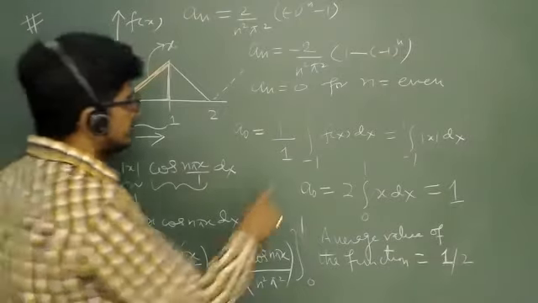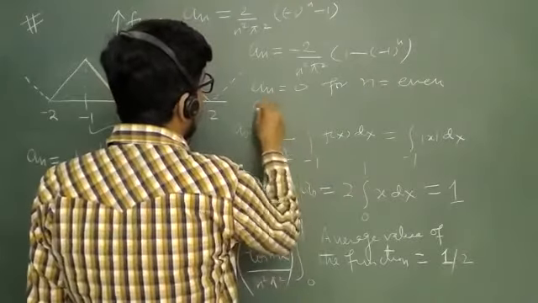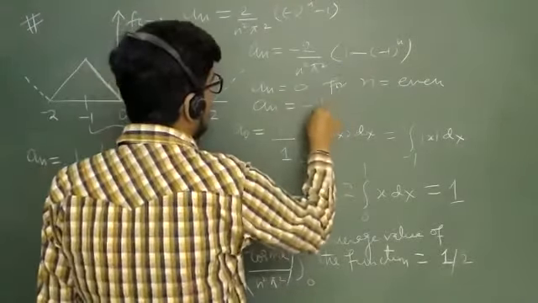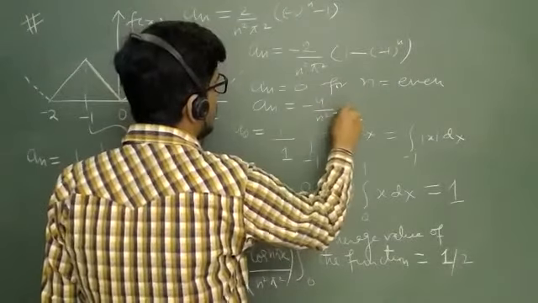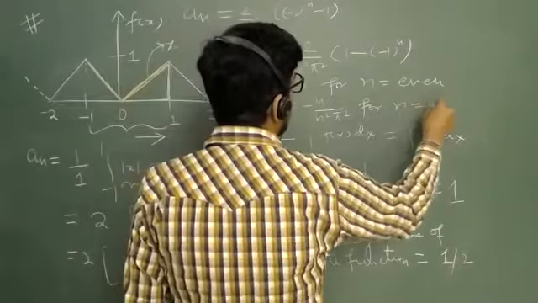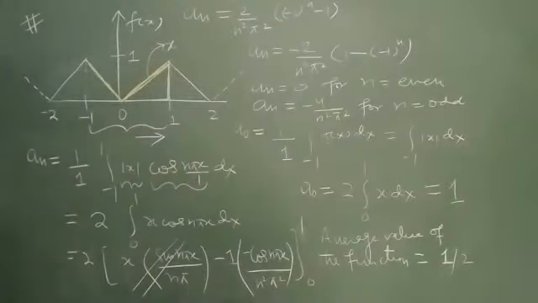And now what? An is equal to, if you write it, it will become minus 4 by n squared pi squared for n odd. So when n is odd, this will happen. Right?